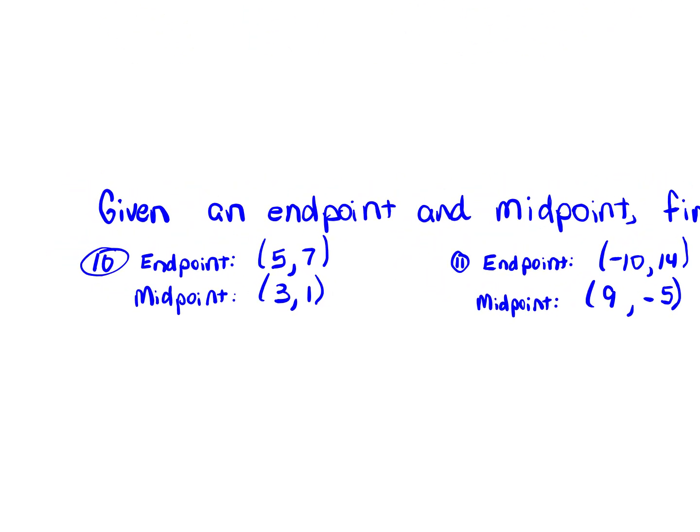So let's call our midpoint just x, y. That's our midpoint. Our midpoint formula is x1 plus x2 over 2, comma, y1 plus y2 over 2.